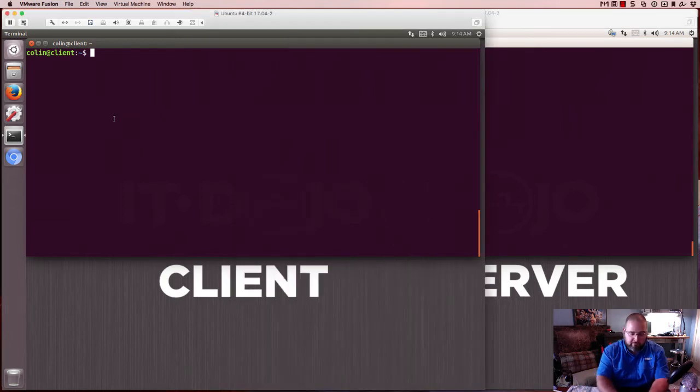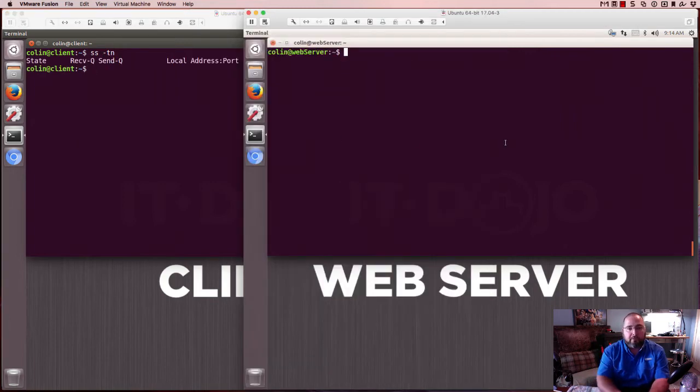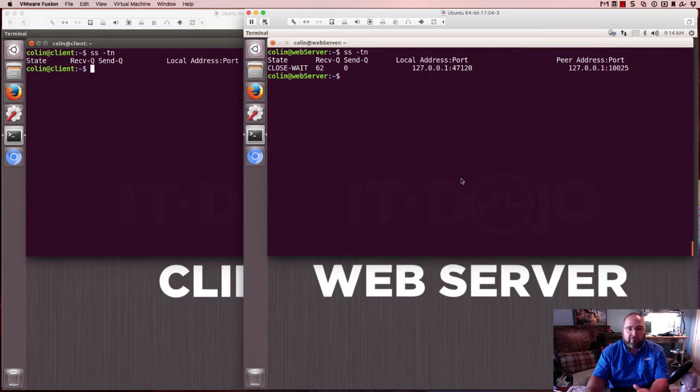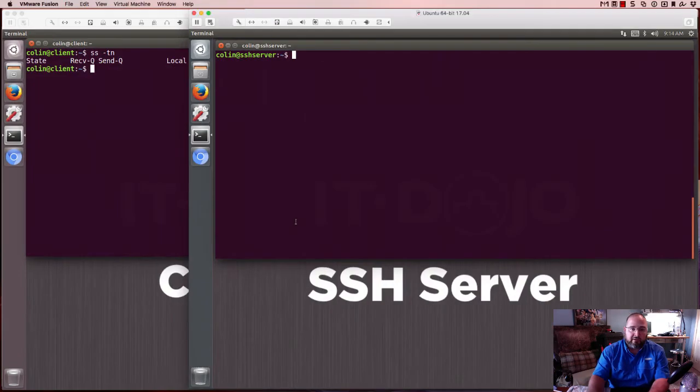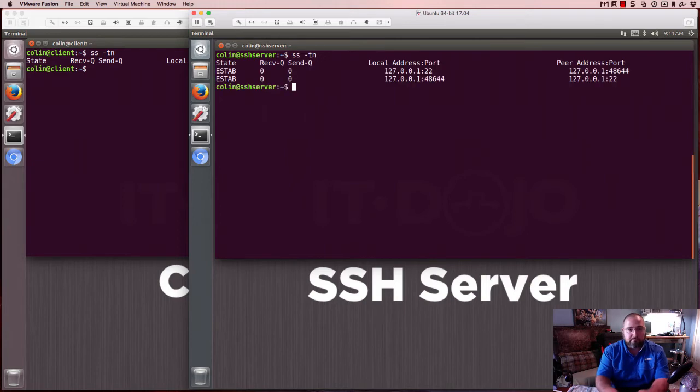Right now, on the client there are no connections. On the web server, there's nothing of importance to us. On the SSH server, there's one connection where he's listening on port 22 for himself. Now I'm going to open my web browser.